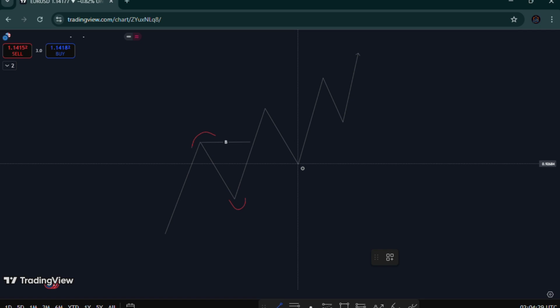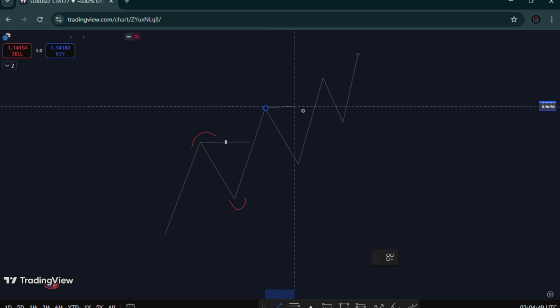And one thing about the swing point is the swings help us determine who is in control, either the buyers or the sellers. Currently on this bullish market structure, we have this swing high take out this old high.